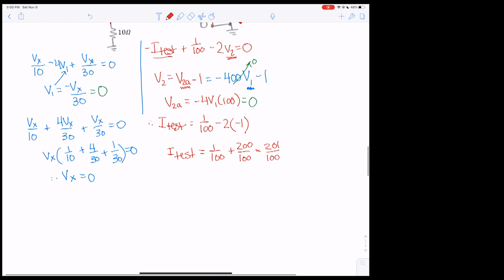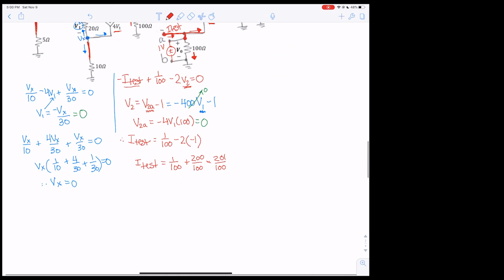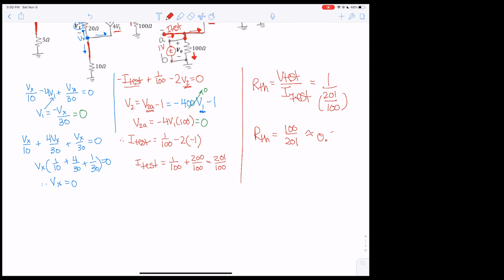So RTH is V test over I test, and V test is 1, and I test is this 201 over 100. So we get RTH is 100 over 201, or approximately 0.5 ohms.